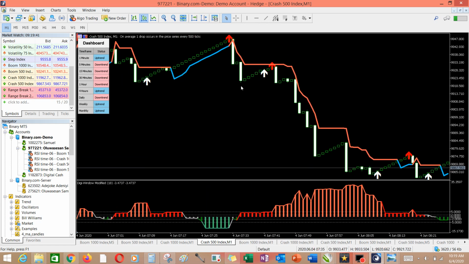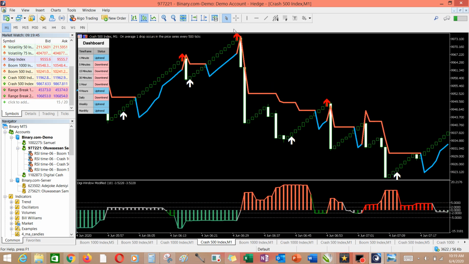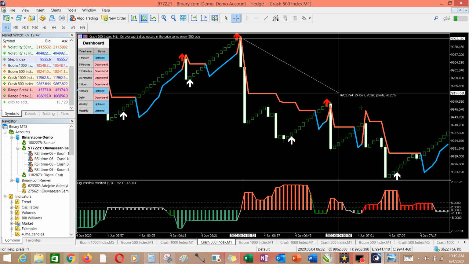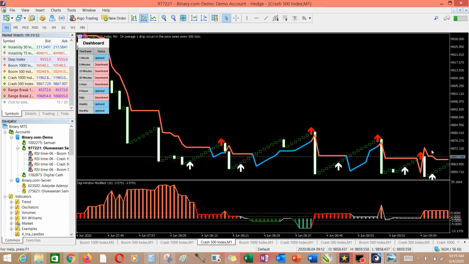As you can see, Crash 500 has been on a downtrend for some time. It's more of a downtrend today. At the early part of this morning, it's been going down till now.